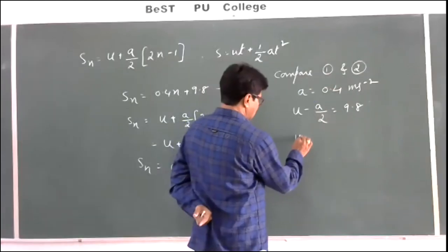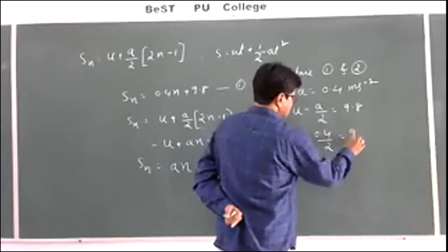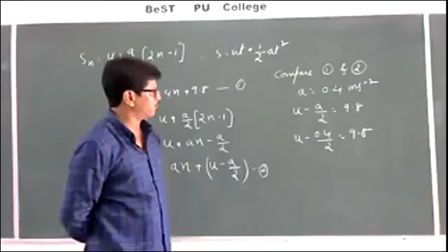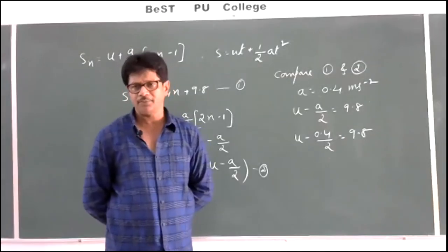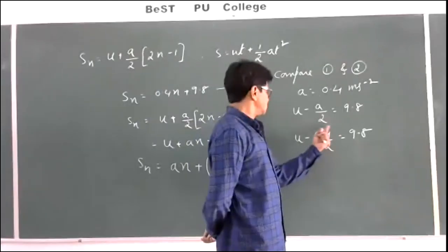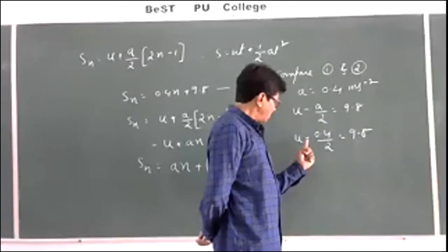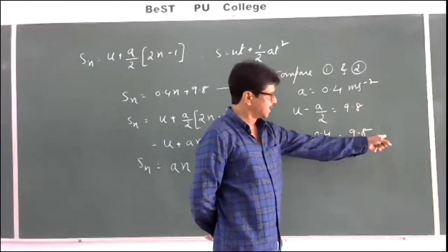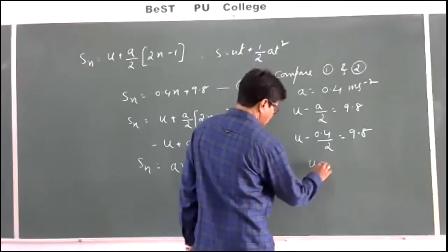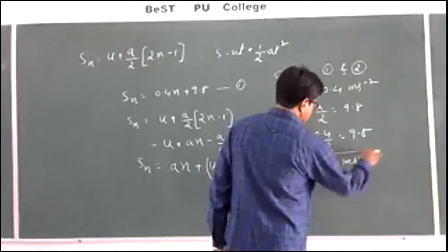Now substitute the value of a: u minus 0.4 by 2 is equal to 9.8. 0.4 by 2 is equal to 0.2. Now if minus 0.2 goes that side, it will be plus 0.2. Therefore, u is equal to 10 meters per second.